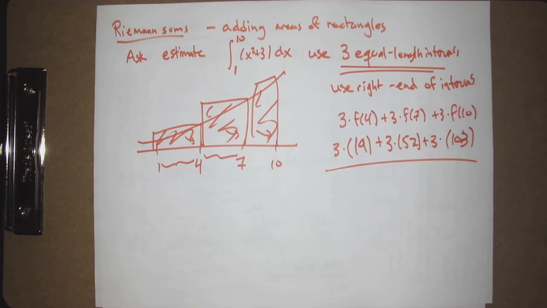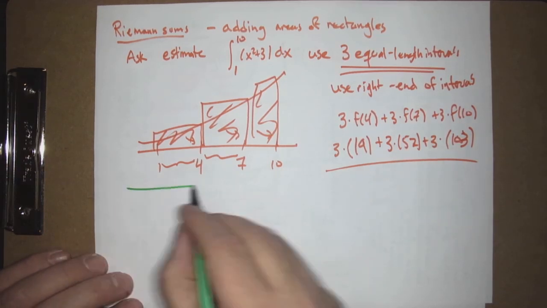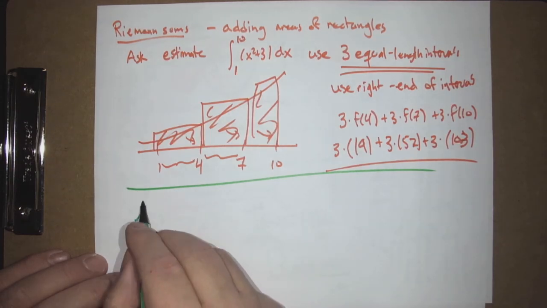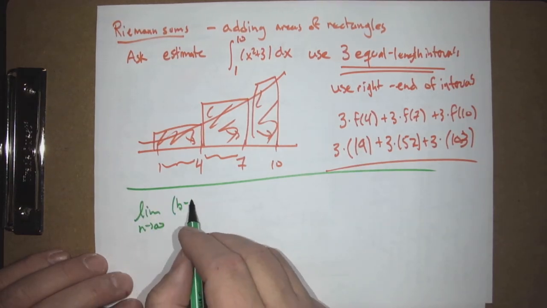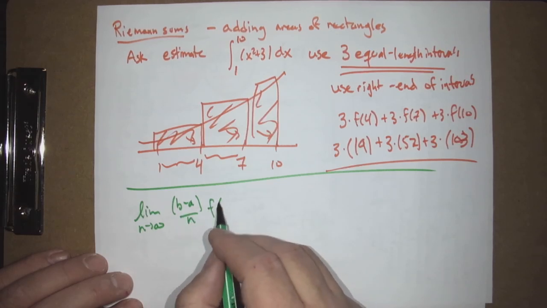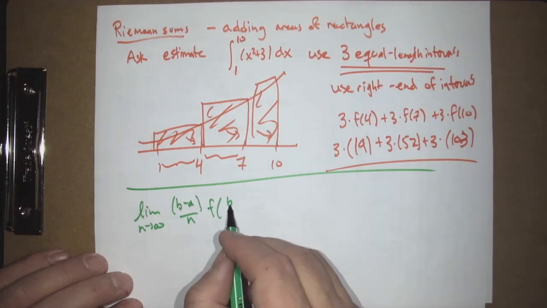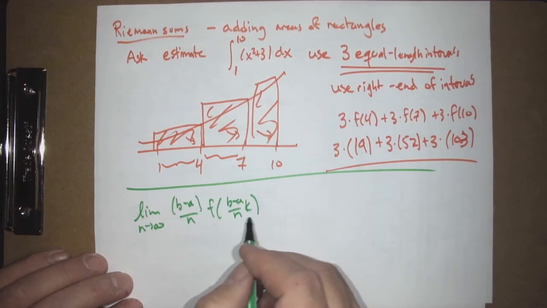Now, the harder question with Riemann sums. Excuse me, I got very excited. My throat isn't keeping up. A harder question says, limit as n goes to infinity of b minus a over n times f of b minus a over n times k.